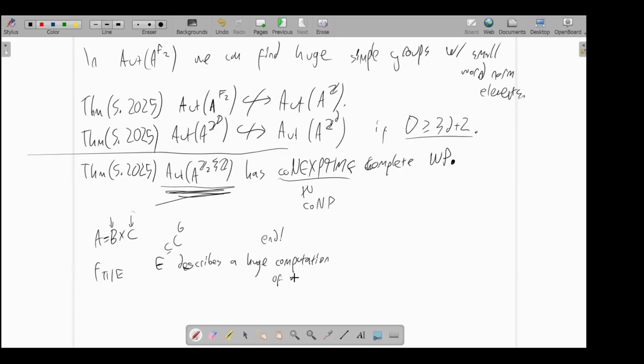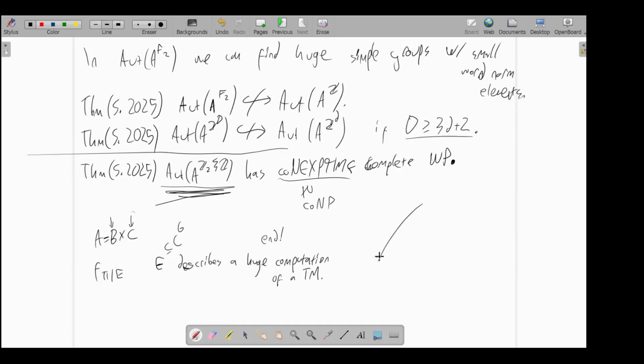of a Turing machine. So the trick is that I have to program, in polynomial time or with a polynomial length group element, a description of a clopen set whose elements describe these huge computations of a Turing machine.